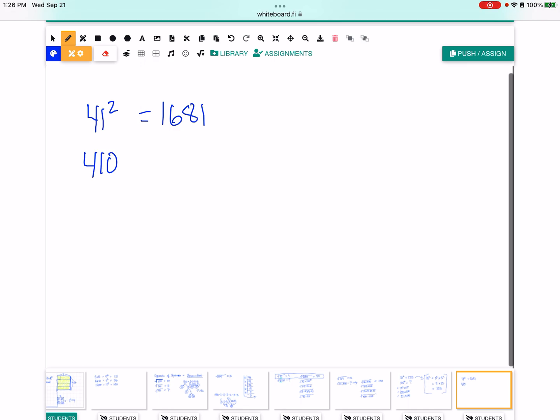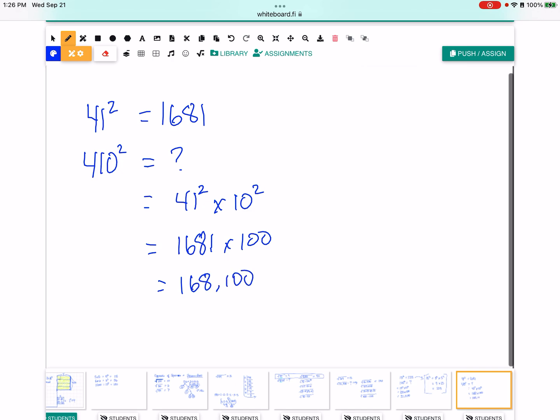What is the square of 410? Well, remember that we're talking about 41 squared times 10 squared. So that's going to be 1,681 times 100, which is going to give you 168,100. All right. I think that's enough examples.